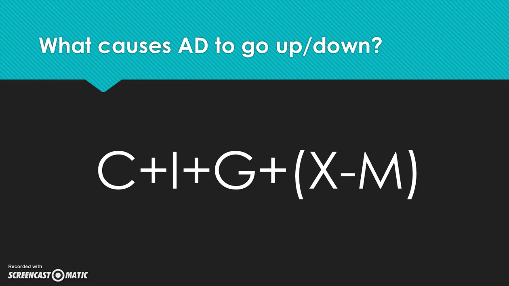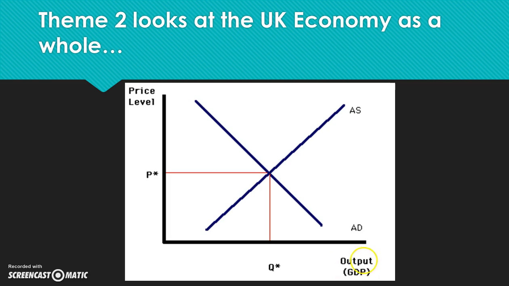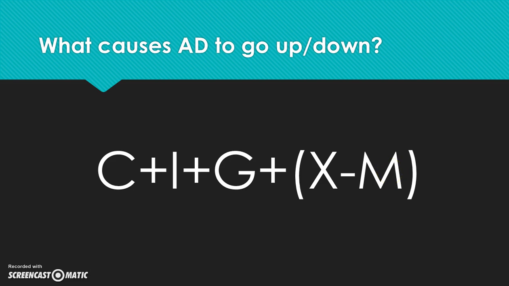Now, what causes that AD here to go up and down? Well, in basic terms, we've got the equation: consumption plus investment plus government spending plus exports minus imports. So what can cause AD to go up or down? Any one of these. Now, I will cover these in a bit more detail in a later video, but essentially, if any of these go up, then AD goes up, except for imports.